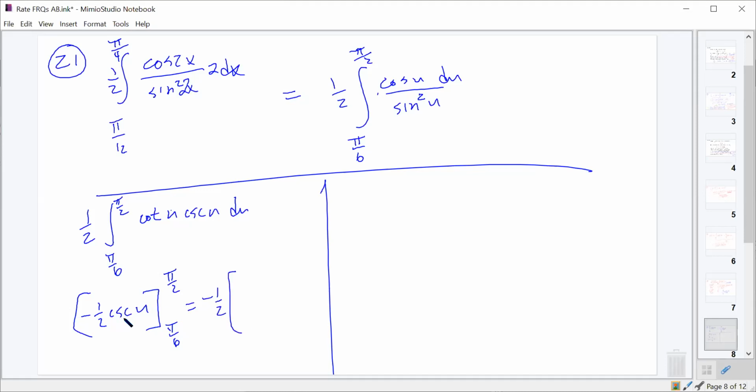And then the cosecant of pi over 2 is just 1. And the cosecant of pi over 6 is 2. So we'd end up with negative 1/2 times negative 1, which is 1/2. Everybody good there doing it that way?